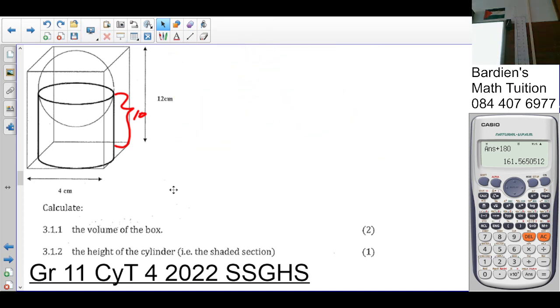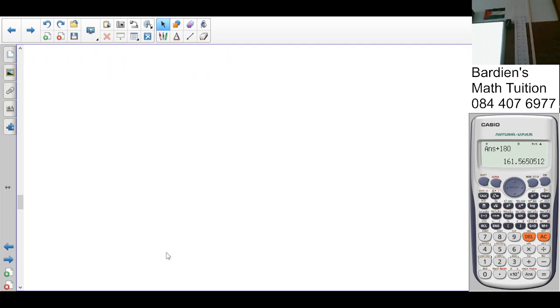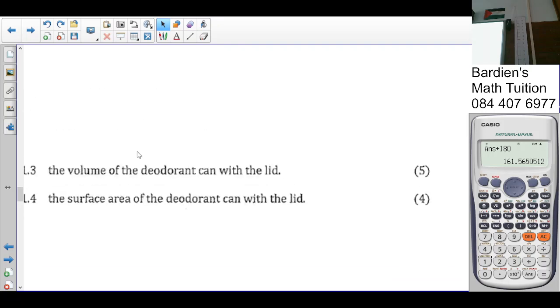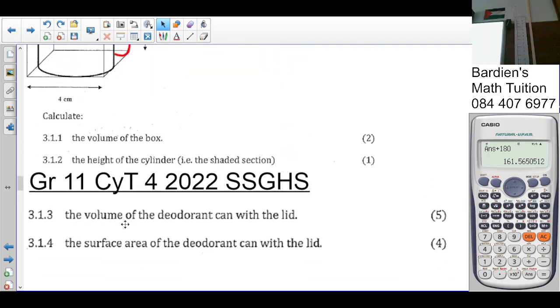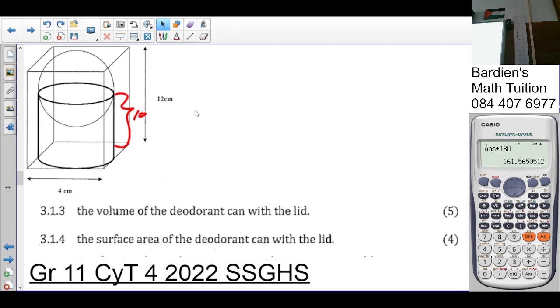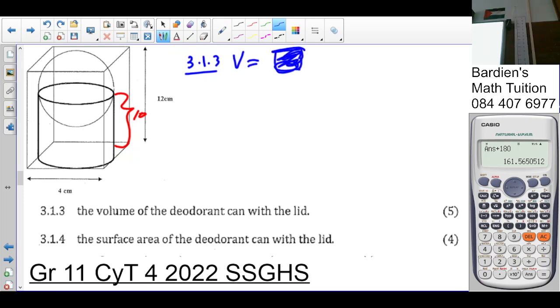Let's take this off. So here we are told about the volume of the deodorant can with the lid. So the volume is equal to the volume of the cylinder plus the volume of the hemisphere.